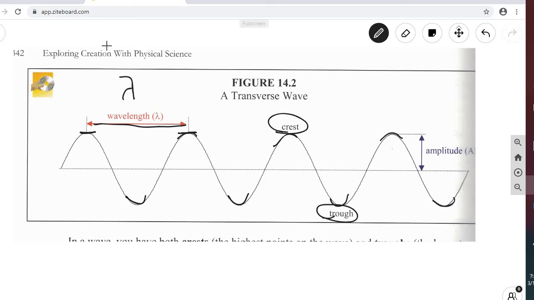So wavelength is either from peak to peak or trough to trough. So it's the measure of one wave measured either from peak to peak or trough to trough. That's wavelength.